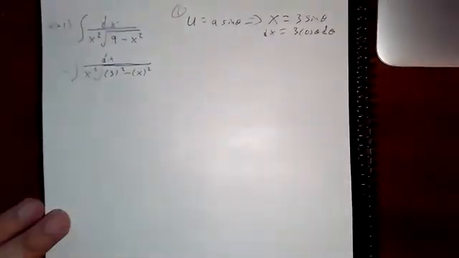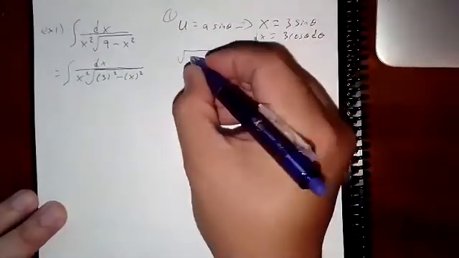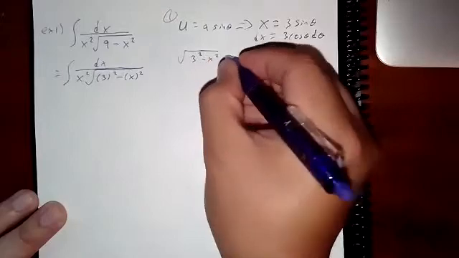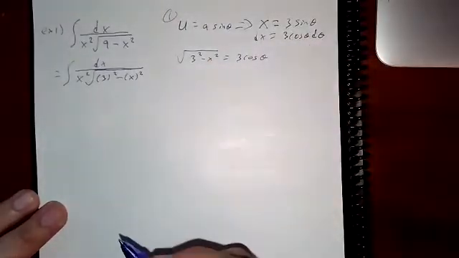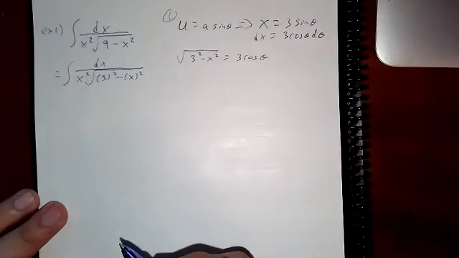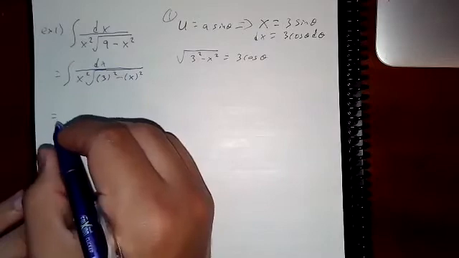So another note that we need is to say that the square root of 3 squared minus x squared is equal to 3 cosine theta, using that idea. So now I can sub everything, right?